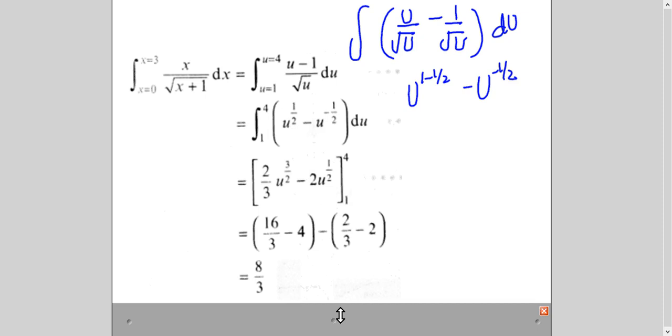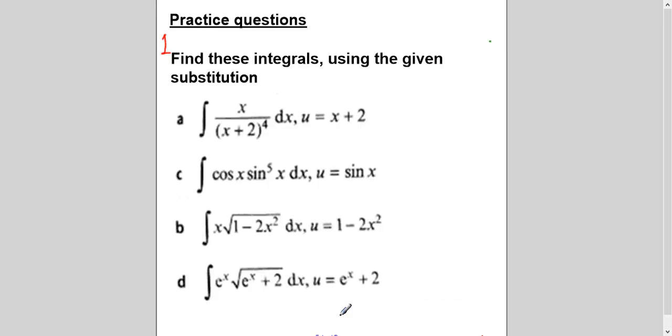So now I'm showing you the practice questions. I have covered almost all types, and in the past paper, last video, I will take more complicated questions for explanation. So these are the practice questions. Find these integrals using the substitution given to you. In all these questions, the substitution you will take is given to you.